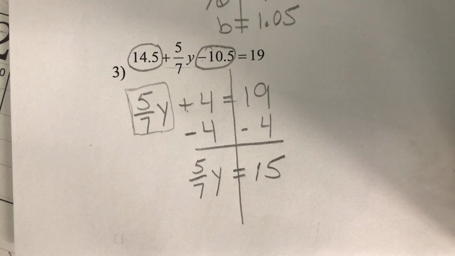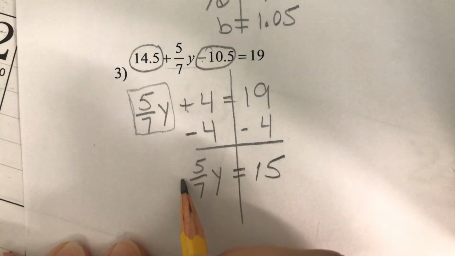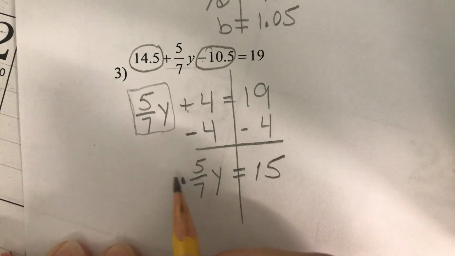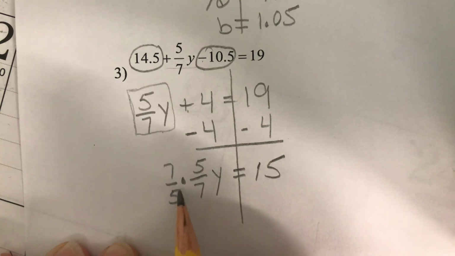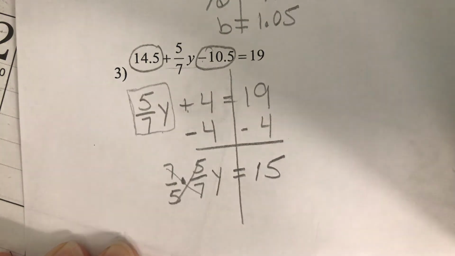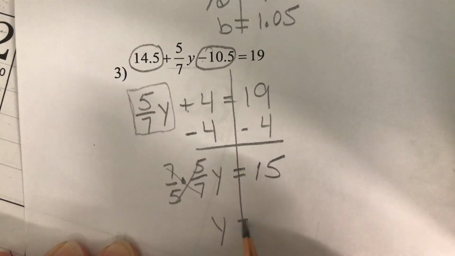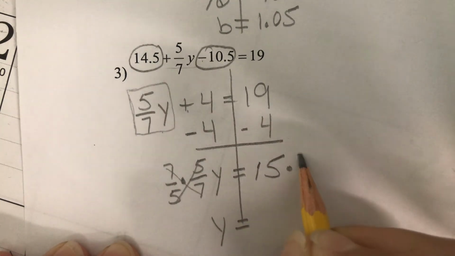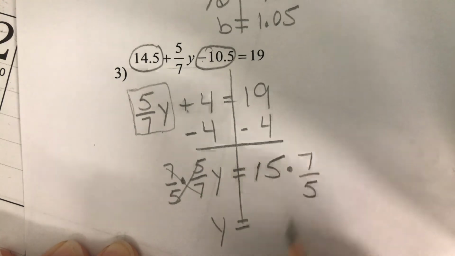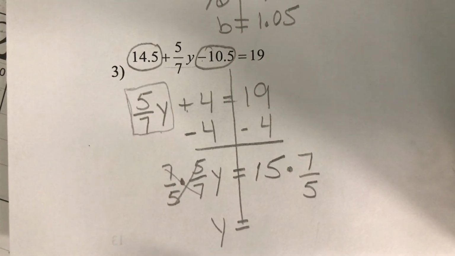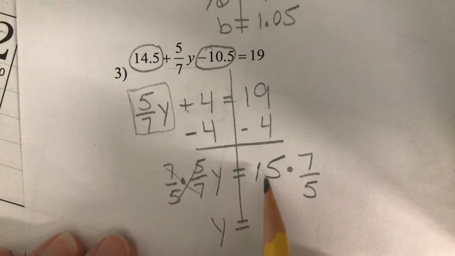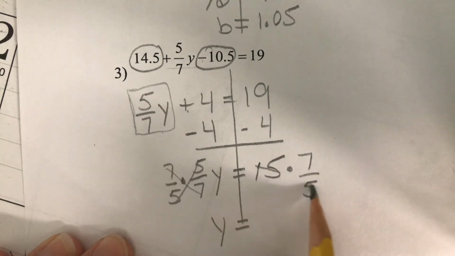Now we have to get rid of the fraction. So just like we practiced a couple lessons ago, we multiply by the reciprocal. So this gets rid of that, leaving us just with our y. We multiply by that reciprocal over here. We have a calculator, we can punch it all in, but I'm going to review your simplifying.